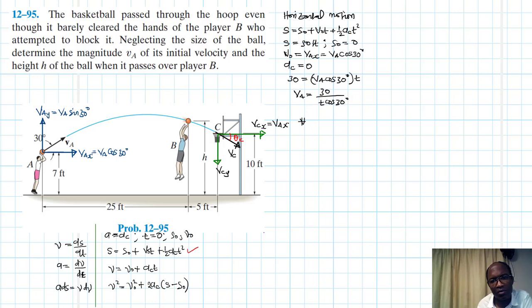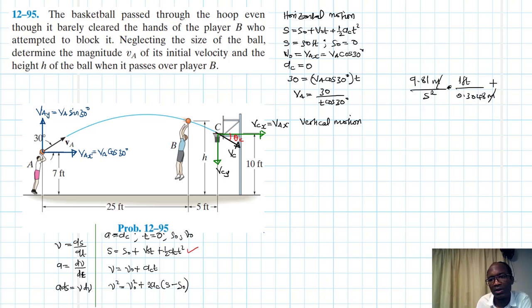Let's go to the vertical motion. Under this vertical motion we are dealing with feet, so we need to convert the acceleration due to gravity into feet per second squared. We have 9.81 meters per second squared. Let's convert this: 1 foot is equal to 0.3048 meters.